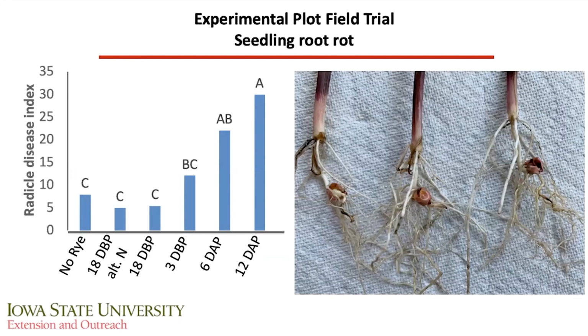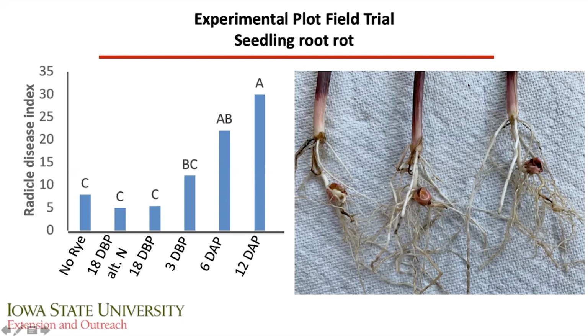Of course, we're interested in the seedling disease, and just as we expected, we see more seedling disease when that rye is terminated too close to the corn planting or after the corn is planted.